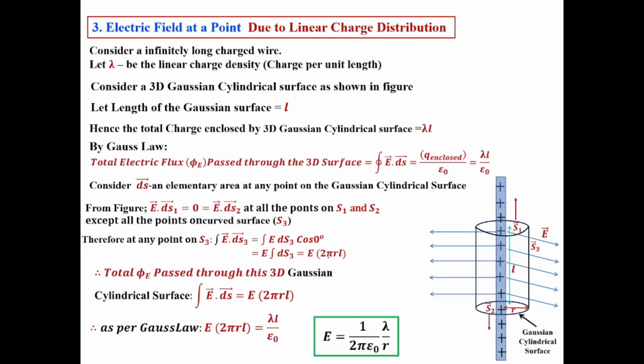That means the total surface area of this curved surface of the Gaussian cylindrical surface. So what will the surface area be? Here the length is L, and the radius of this cylindrical surface we consider r.